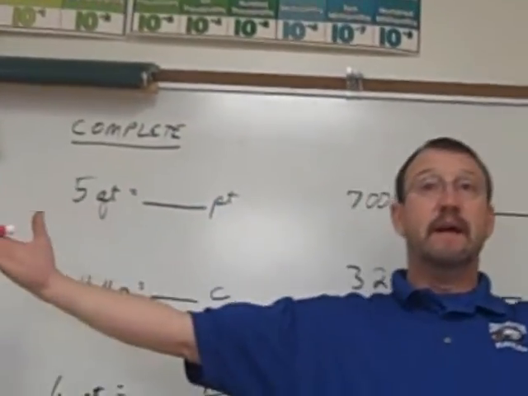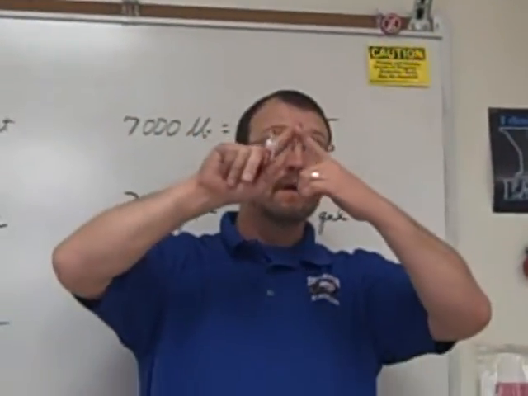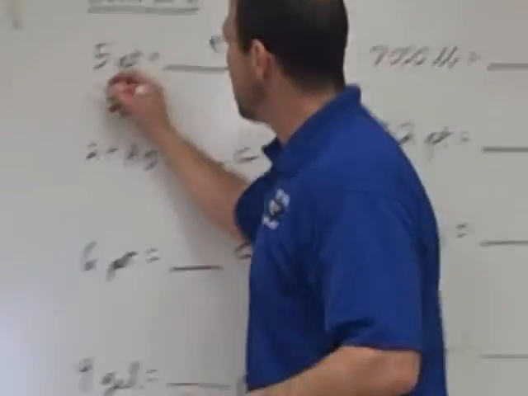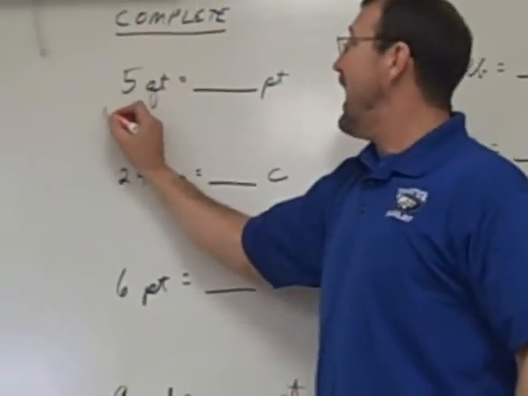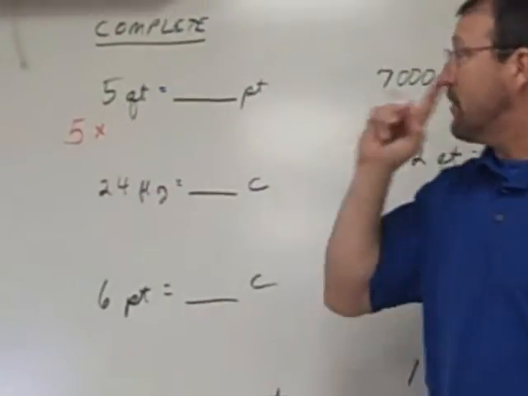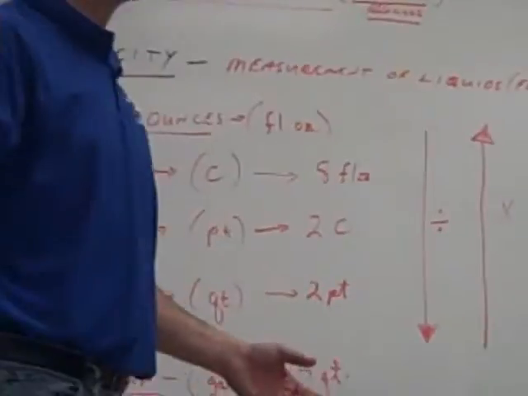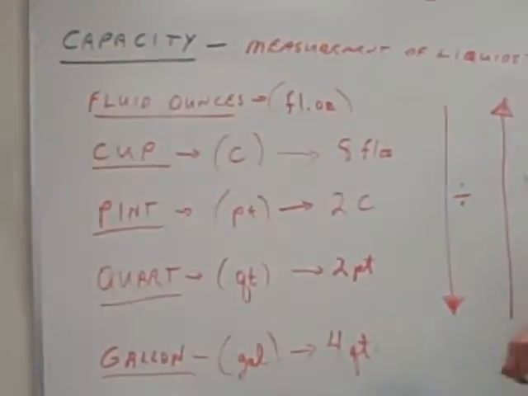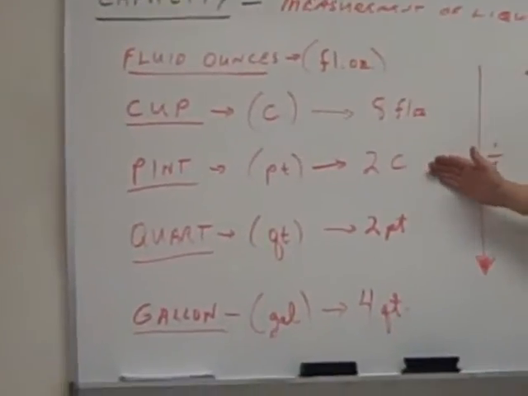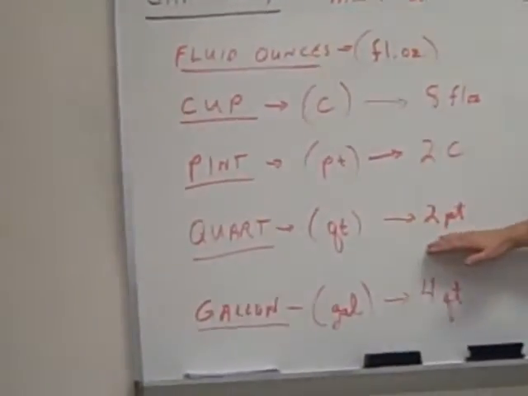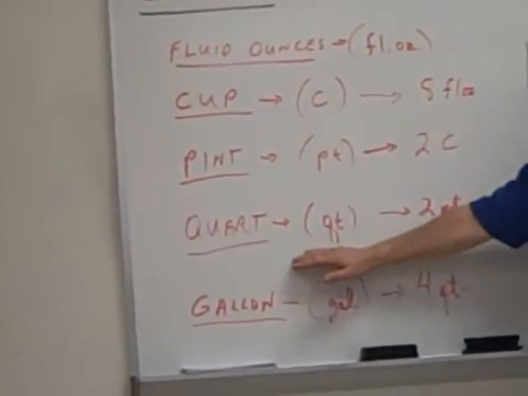So we're going big to small. What math? Times. So I'm going to put a times. The number I have is 5 from the problem. So 5 times. Now go to our chart. Find where quarts and pints are on the same line. Quarts and pints right here. And what's the number from my chart? 2. So put a 2 in there.